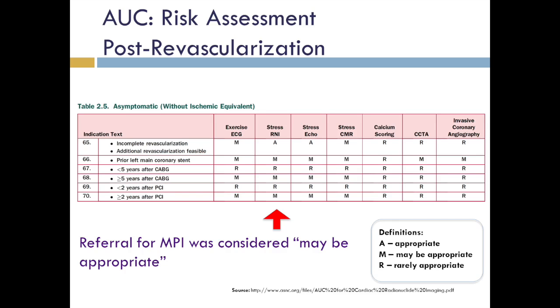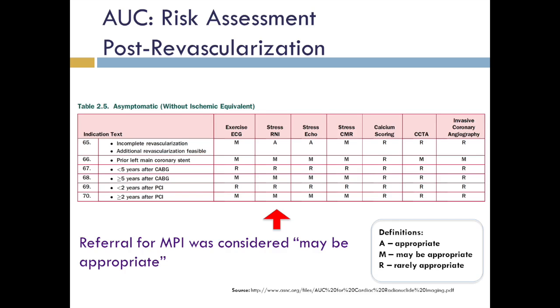And in that situation, the test would be appropriate independent of the timeline from the prior revascularization to the test at this time. But in the asymptomatic patients, we want to look at several categories. Of importance is whether or not there was complete revascularization, so were all of the arteries open at the end of the prior revascularization. If not, it is appropriate to perform myocardial perfusion imaging at that time.